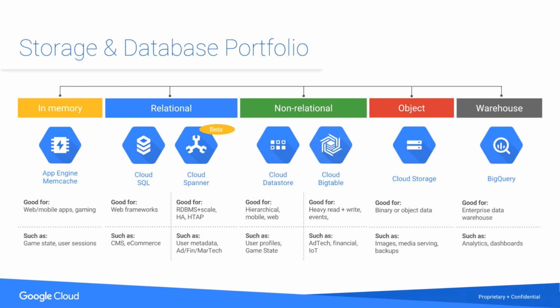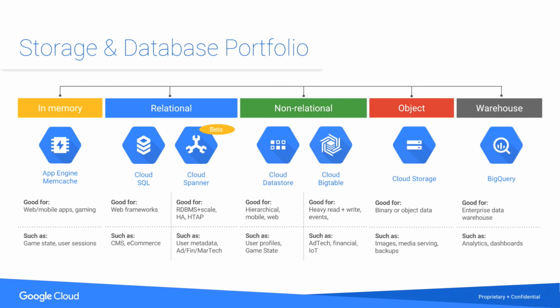If you know you're going to outgrow a relational database, then Cloud Spanner is definitely where you should be looking. Moving into the NoSQL or non-relational side of things, Cloud Datastore is really good for document-based data. Think of JSON files coming from mobile or web apps. Then we've got Cloud Bigtable, which is our key-value or wide-column database for analytics.